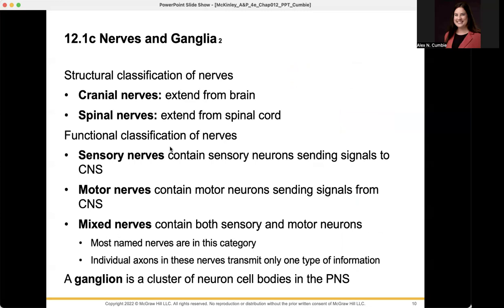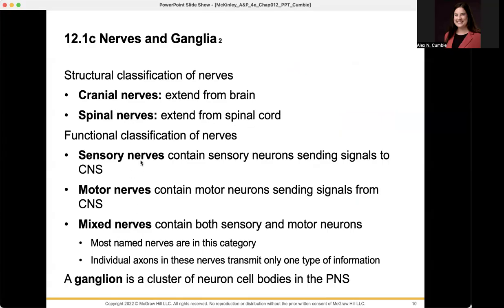We're going to step away from neurons real quick, and we're going to talk about nerves. And first, we're going to talk about the structural classification for nerves. So if you remember for the PNS, this is all the nerves branching off of the brain or spinal cord. If they branch from the brain, they're called cranial nerves. And if they branch from the spine, they're called spinal nerves.